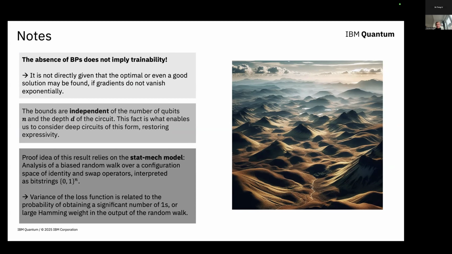If you want to have a bit of context of how we prove this, a lot of the proofs around barren plateaus make use of dynamical Lie algebras or ZX calculus.